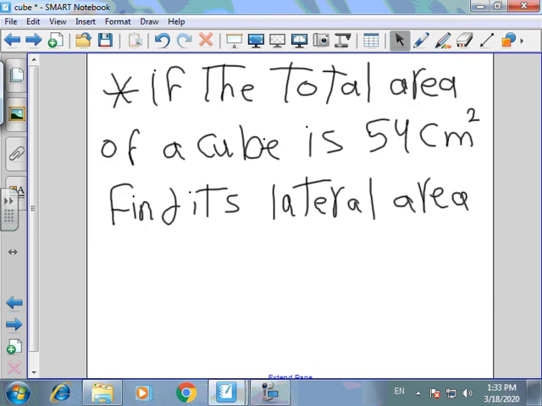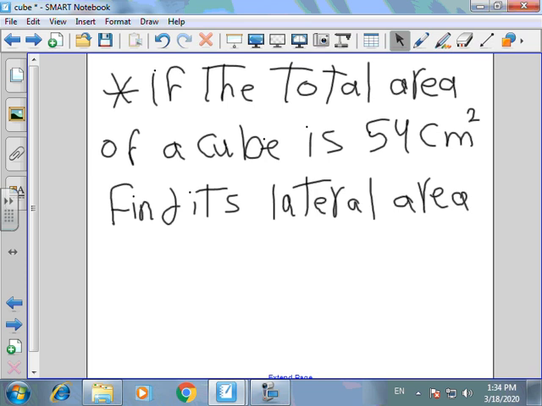Okay, let's see another example. If the total area of a cube is 54 centimeters squared, find its lateral area. Okay, now it's somehow tricky.